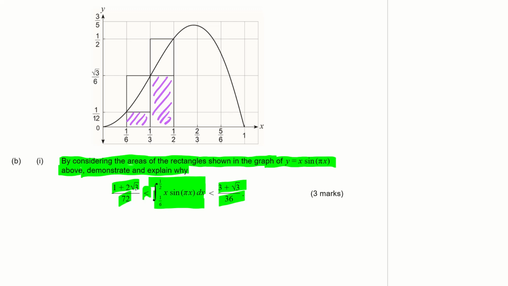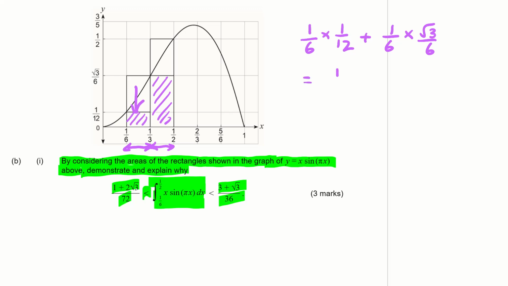So we can see the width of each of these is 1/6. So we have 1/6 times 1/12 for the area of the first rectangle, that one there. And then we're going to add 1/6 times root 3 on 6, which is the height of the second one.